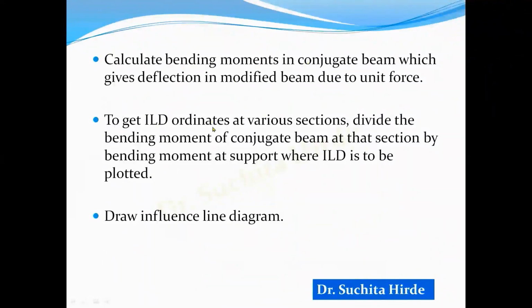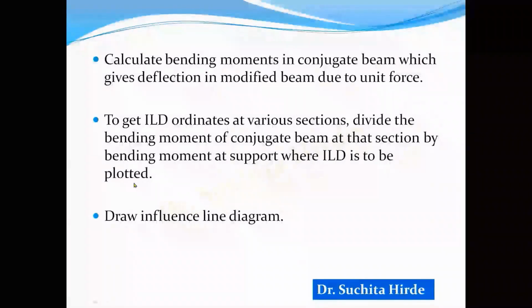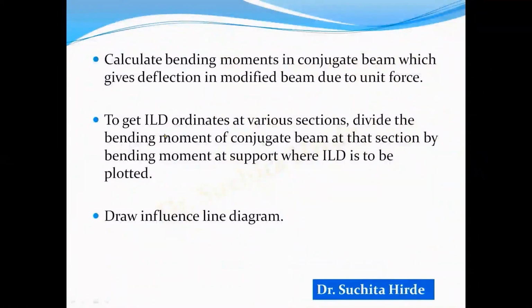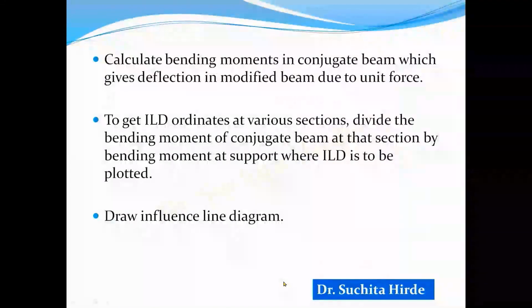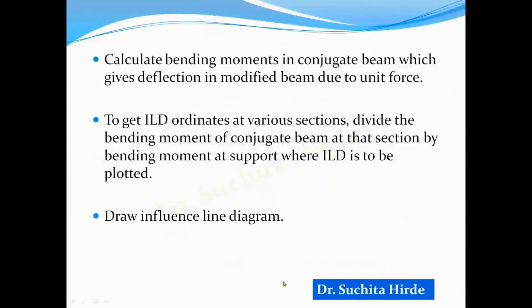Now to get the ILD ordinate at various sections, divide the bending moment of the conjugate beam at that section by the bending moment at the support where the ILD is to be plotted. This we will see while solving the problem, and then we can draw the influence line diagram. So these are the general steps to draw the influence line diagram for any reaction.